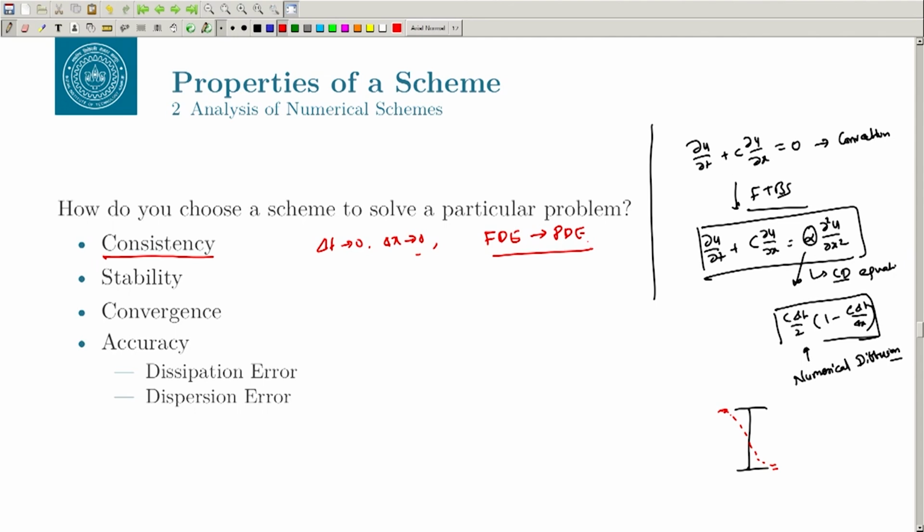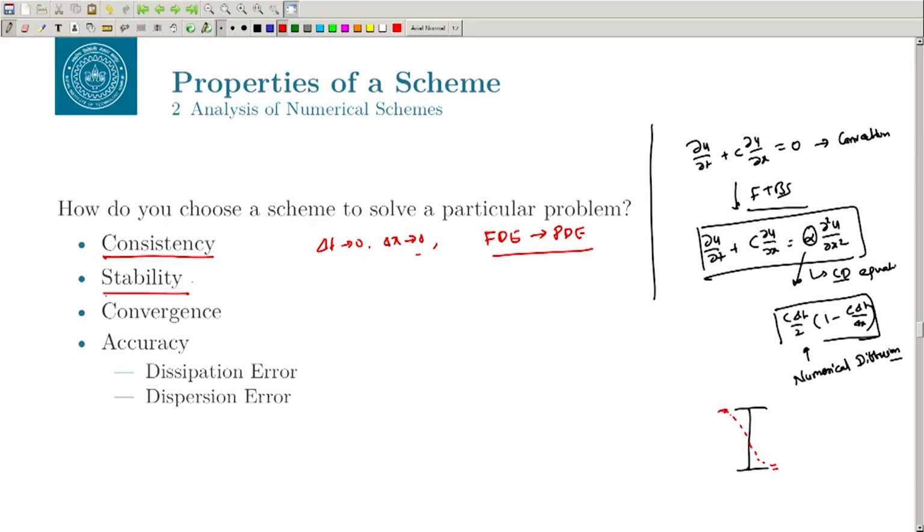Next is the stability. We will give a more formal definition of the stability in a subsequent slide. But for now we know that some schemes are stable, that means the solution does not blow up with time, and you get a solution. It may not be very accurate, but it is not blowing up.